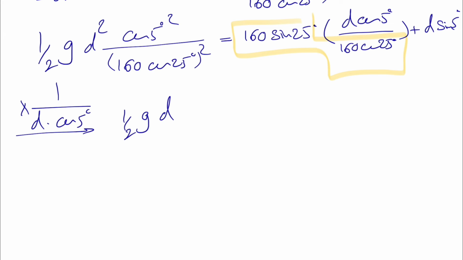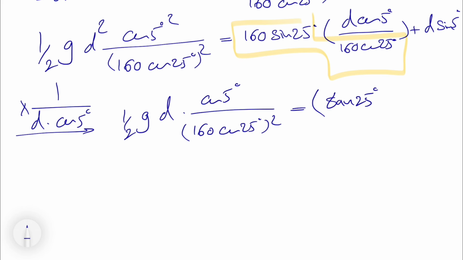If we multiply this equation by 1 divided by d times cosine of 5 degrees, for the left side of the equation, we're gonna lose one of the d's and also one of the cosine of 5 degrees, so we'll have cosine of 5 degrees divided by 160 cosine of 25 degrees.